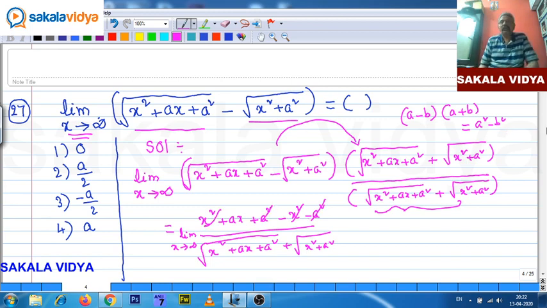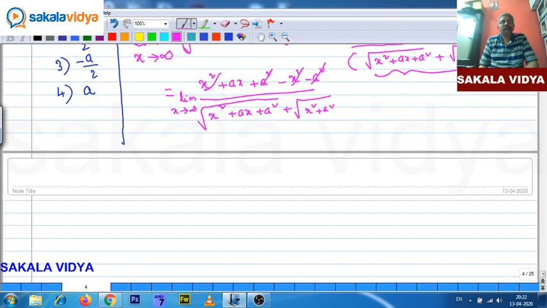So this equals limit x tends to infinity, ax upon, in this one take out x square common.